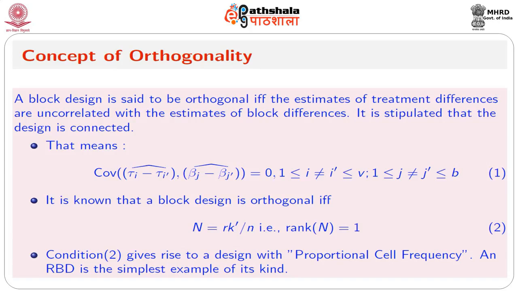And that shows that the rank of the capital N matrix is 1. This condition gives rise to a design which is called a proportional cell frequency. Ri into Kj by N gives you proportional cell frequency. RBD is the simplest example of its kind. When all the Ri's are equal and all the K's are equal, you have capital N equal to a matrix of all ones.